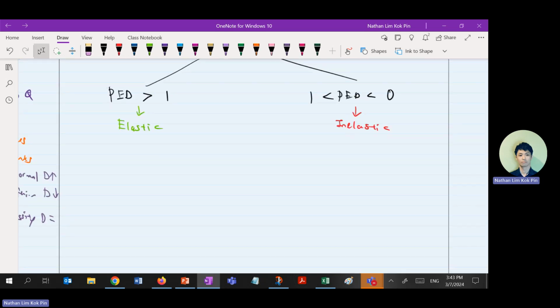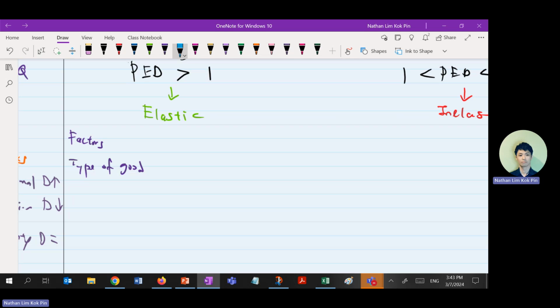So we will go to the factors that affect them. First factor is the type of good. If it's elastic, the good must be a luxury good.